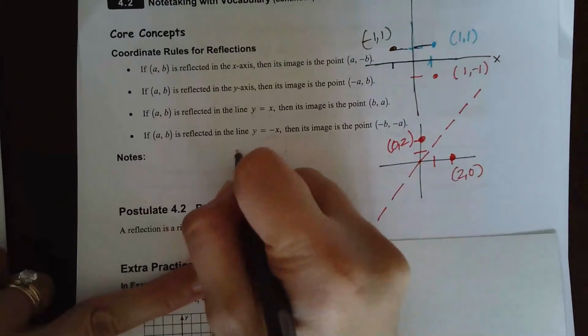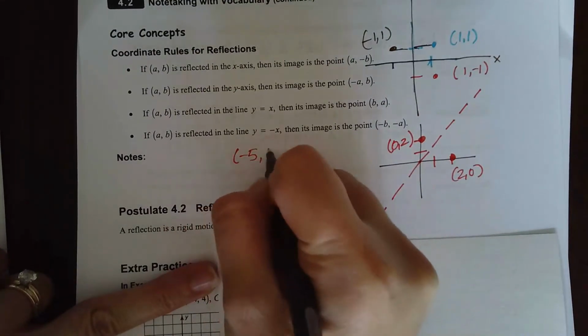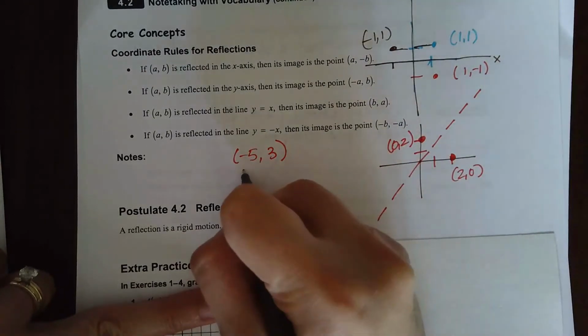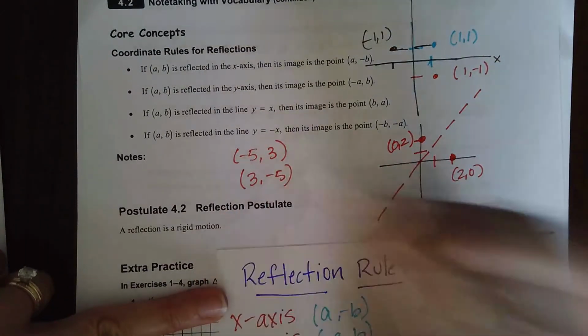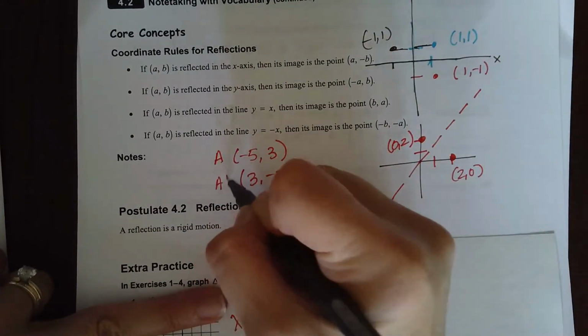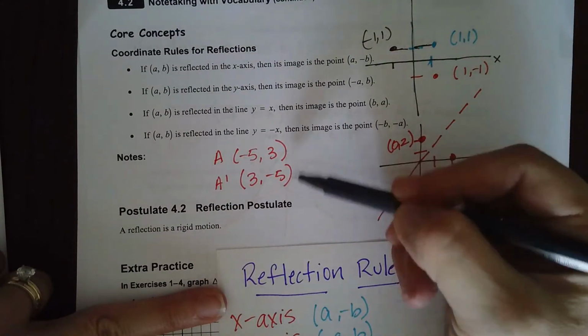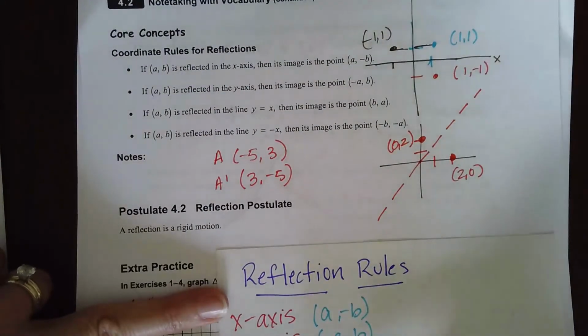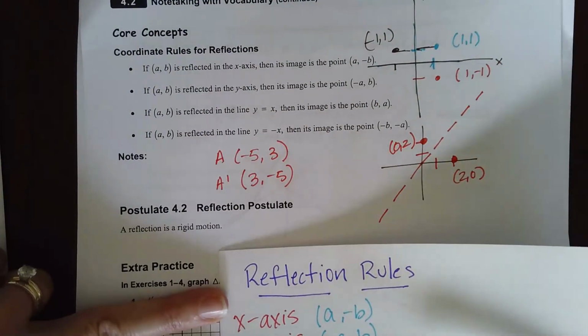So if I had an ordered pair, even off a grid, and I said I'm going to take -5, 3, and I want to do a reflection over the line y equals x, my reflection would just look like that. So these 2 points then would be my pre-image and my image after I reflected it. So all you're really doing is just switching the order. You're switching x becomes y and y becomes x.